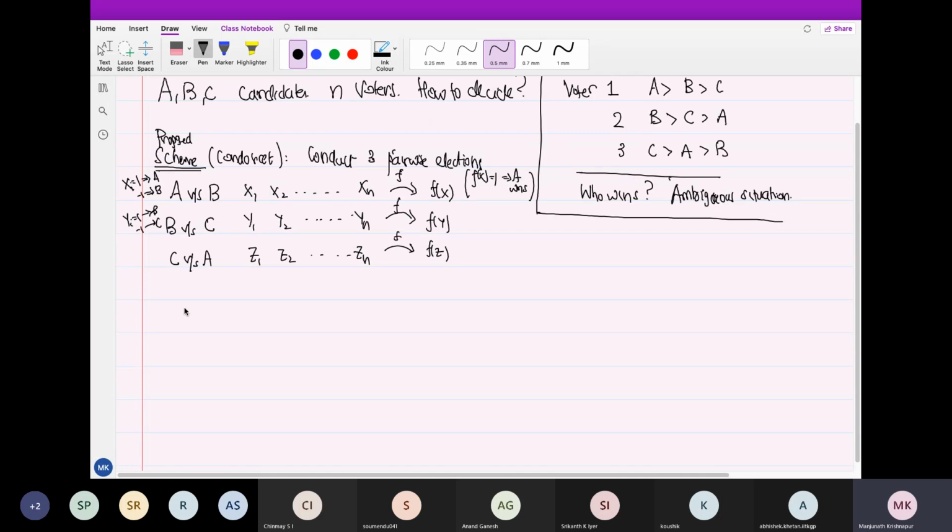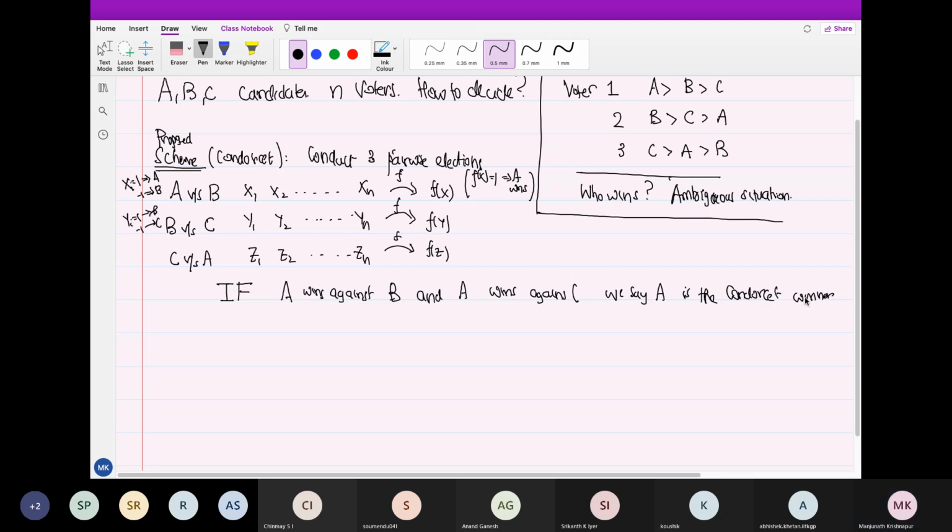So now if you are in the happy situation, where A wins against B, and A wins against C, we say A is the Condorcet winner.